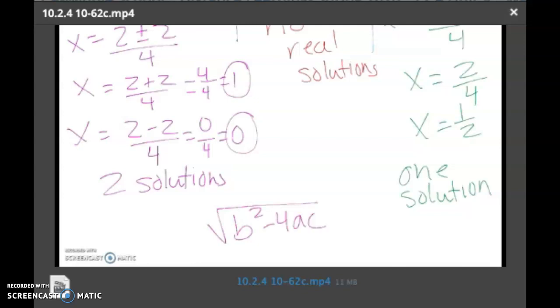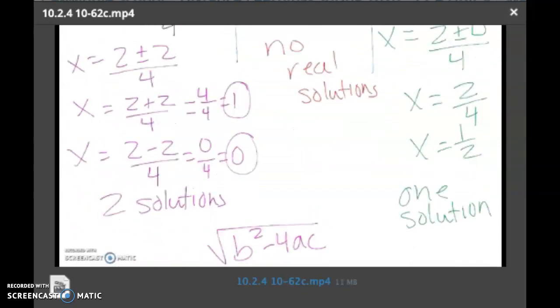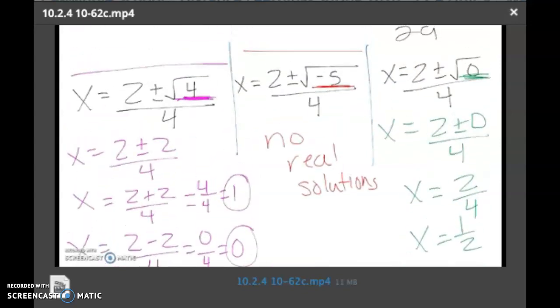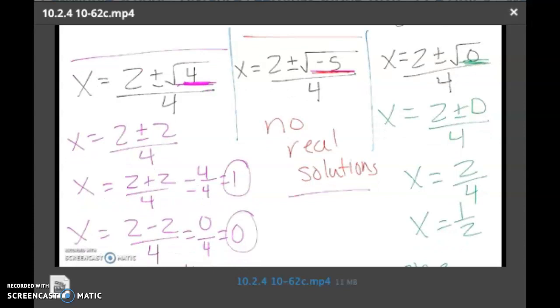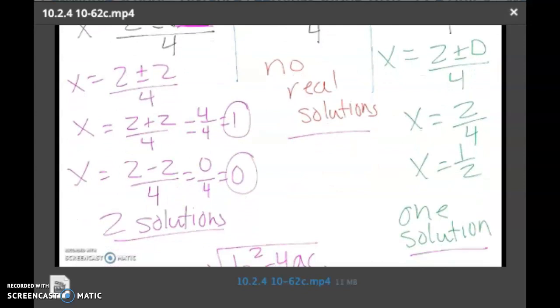If the number under there is positive, like it was here, we will have 2 solutions. If the number under the discriminant is negative, we will have no real solutions. And if the number under the discriminant is 0, we will have 1 solution.